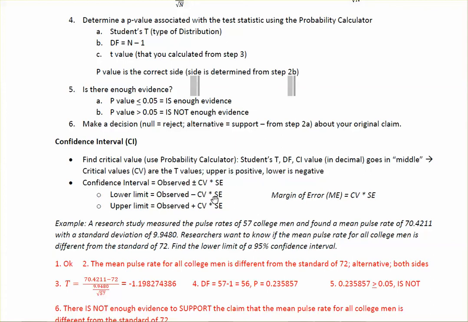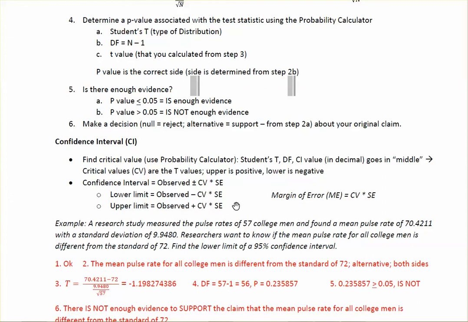And then here's the actual formula you use to plug all of that information in. Also, note that the critical value times the standard error is the margin of error. So technically, it's observed plus or minus the margin of error, where plus or minus just means the lower limit is when you subtract, and the upper limit is when you add.